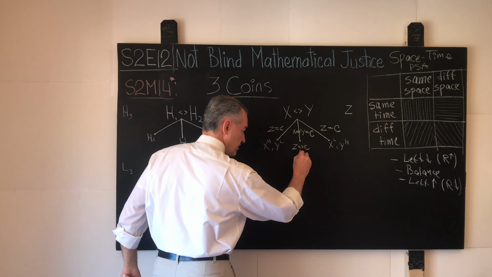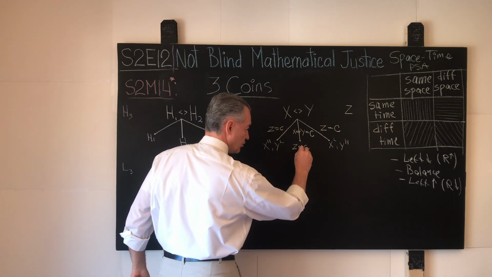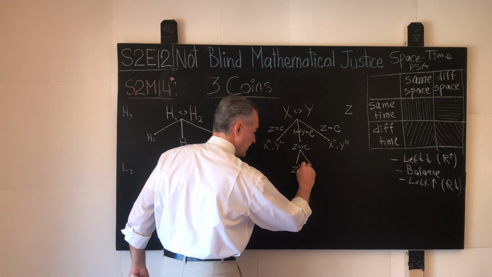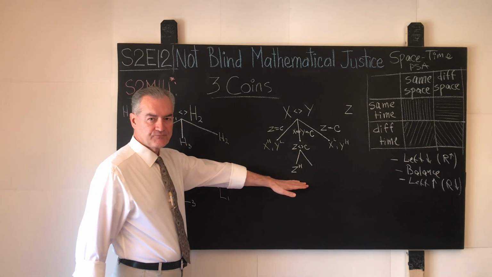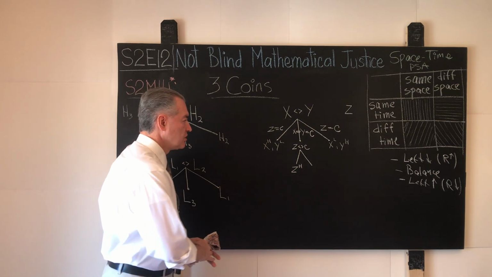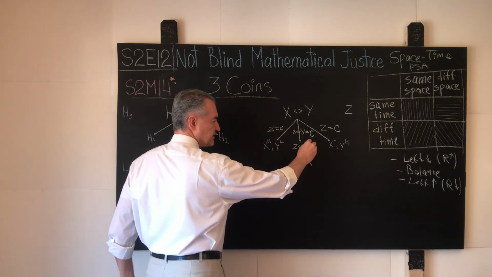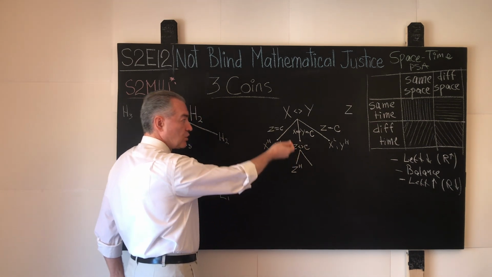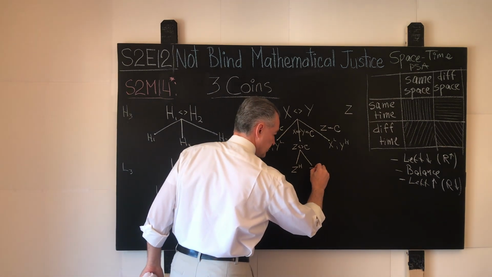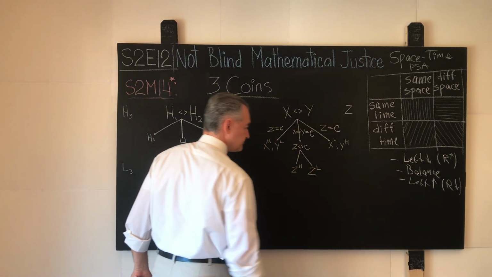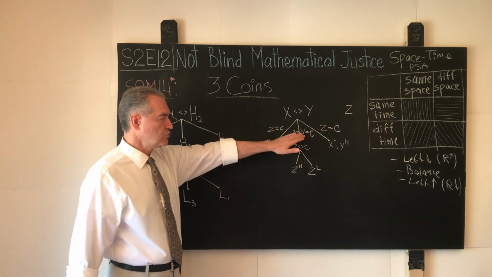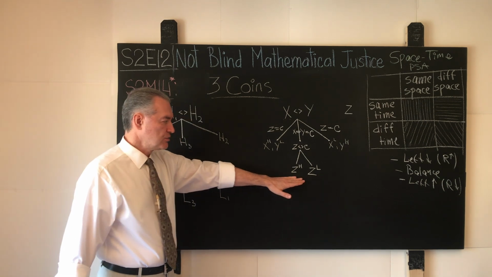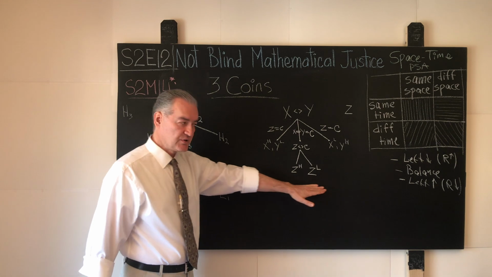Either the pan that contains the coin Z goes down, in which case the coin named Z is fake and it is heavy, because only the heavy coin can go down, or the pan that contains the control coin goes down, but that means that the pan that contains the coin named Z goes up, and that means that the coin named Z is fake and light. Wonderful. So here in 2 weighings we covered this case, and we generated 2 units of information that cover the case with the Z coin.